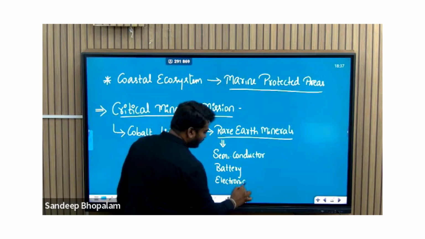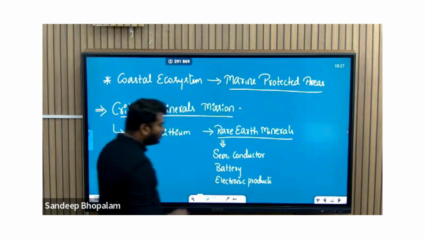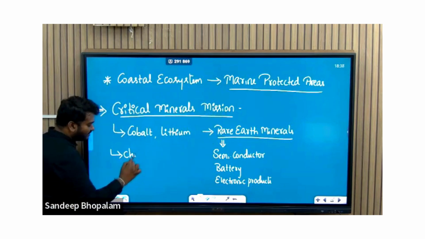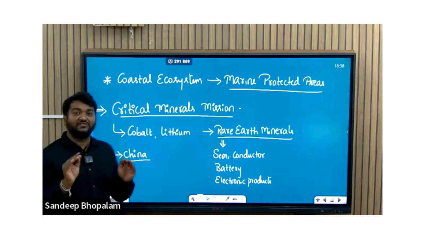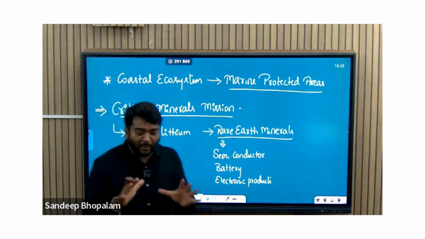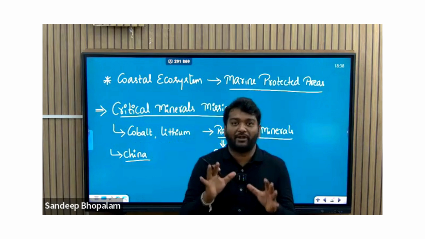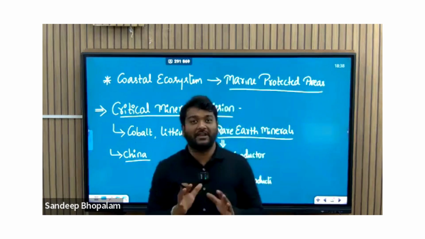Most of it is extracted by China. China is the largest extractor, and wherever these minerals are there, they are under the control of China. For example, the Democratic Republic of Congo in Africa has cobalt, and China controls that particular area.